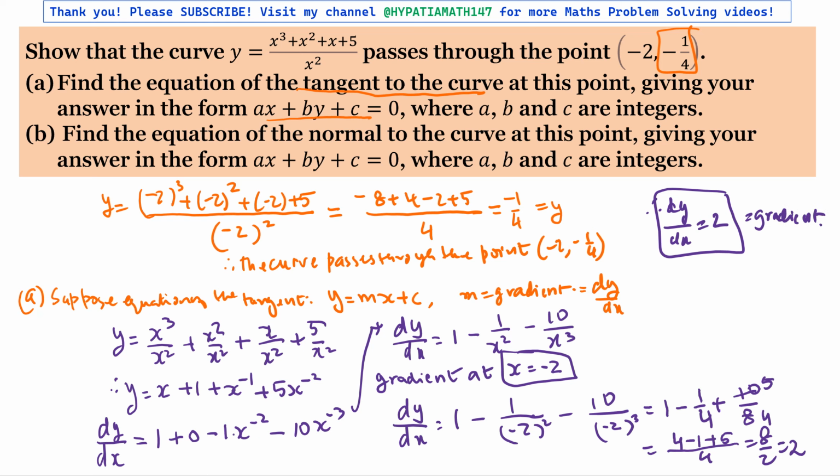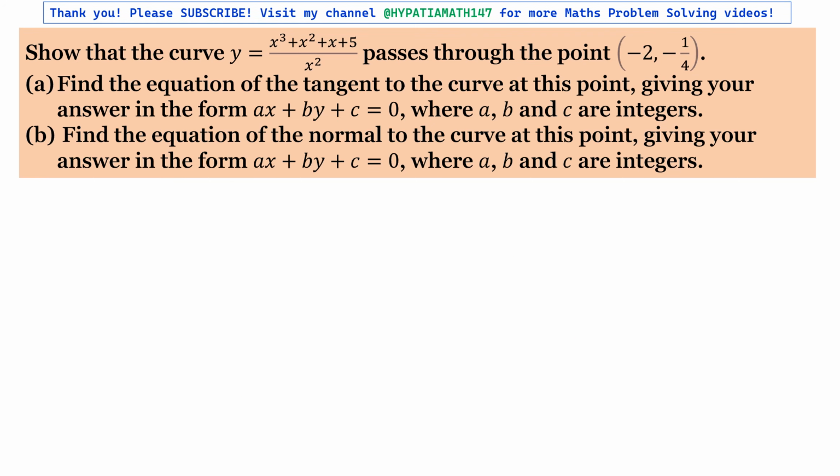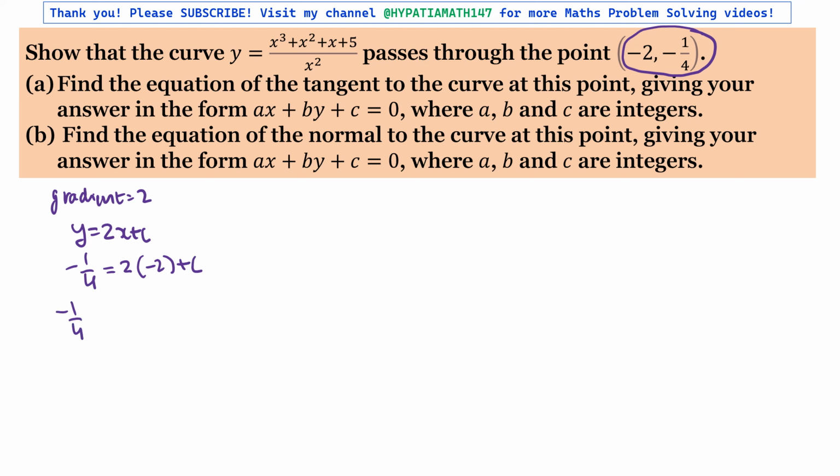Once we know the gradient, I have to go to the next slide because there's no space. So the gradient is 2, and we said the equation of the tangent is of the form y equals mx plus c. So 2x plus c, and the tangent passes through this point. So we can write -1/4 equals 2 times -2 plus c. So -1/4 plus 4 equals c.